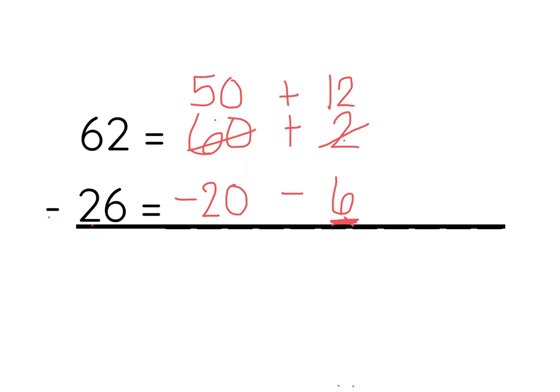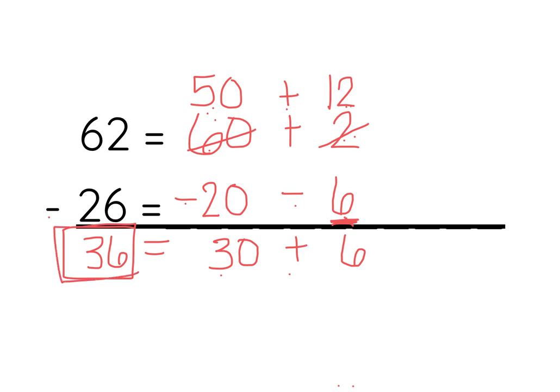So I'm just renaming 60 plus 2 again as a 50 plus a 12. 12 minus 6 equals 6. 50 minus 20 equals 30. So after I add my expanded form together, 30 plus 6 equals 36.